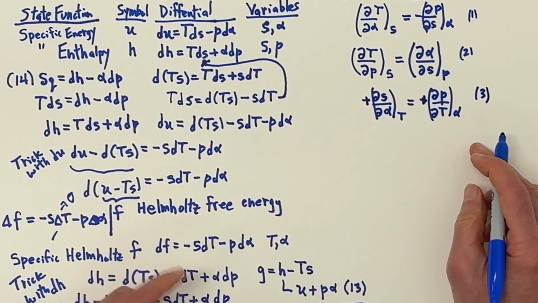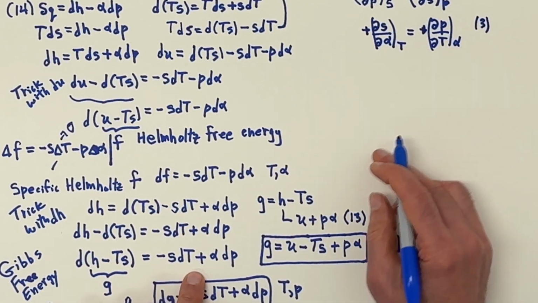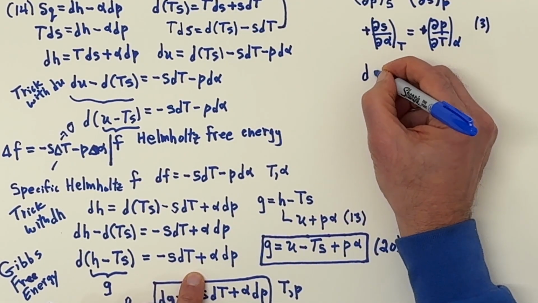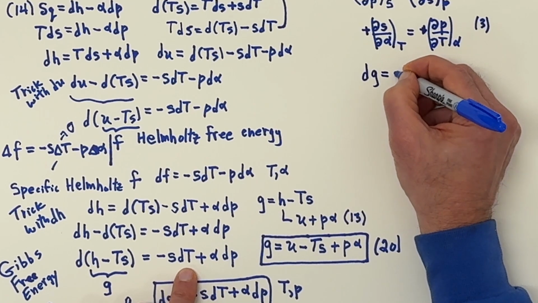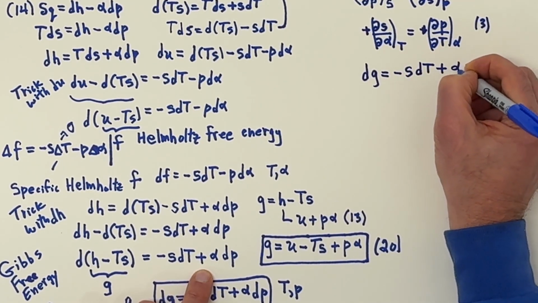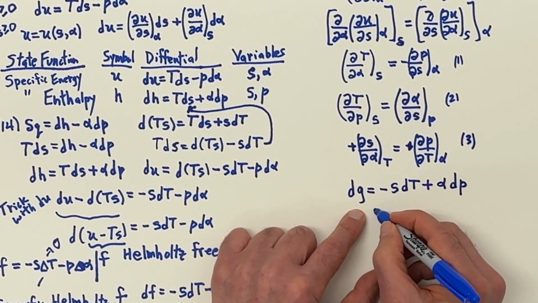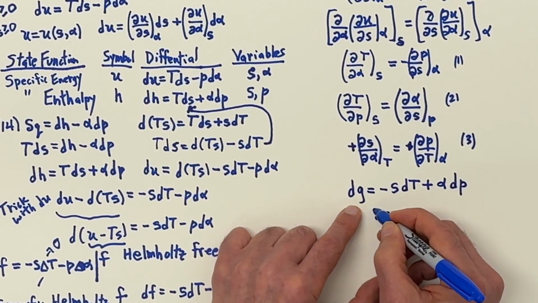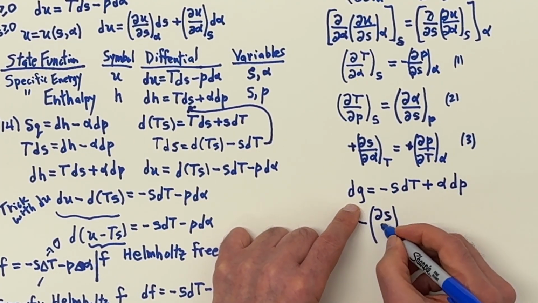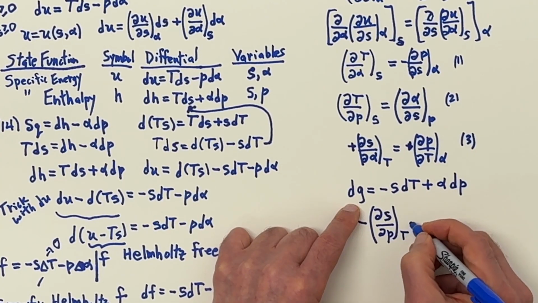We'll have one more for the Gibbs. So Gibbs is way down here, all right? So let me write that one again so we have it up here. So dg is equal to minus s dT plus alpha dp. All right, so we want to take the derivative of the s, and there'll be a minus sign floating around, and that's going to be with respect to the other variable, dp, and then T is held constant.